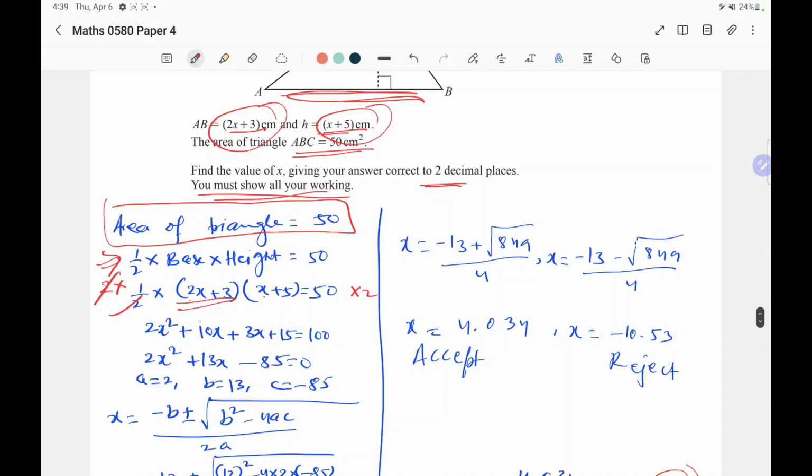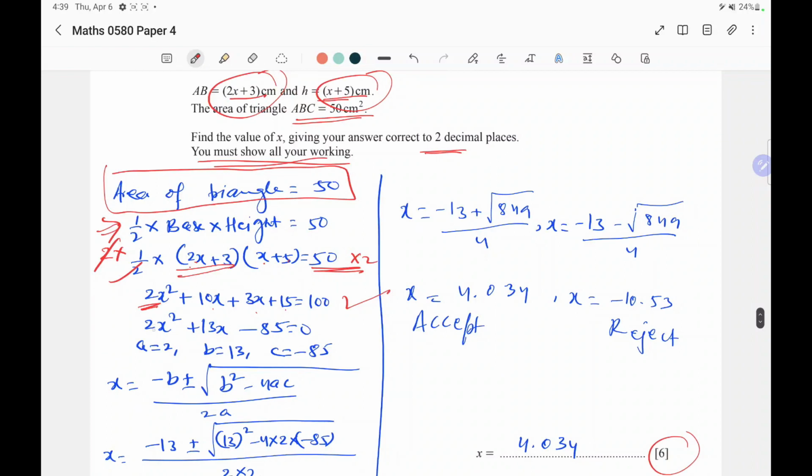Here you get 2x times x, which is 2x squared; 2x times 5, 10x; 3 times x, 3x; 3 times 5, 15; and 50 times 2, that's 100. Now this is 2x squared, then 10 plus 3, 13x, and 15 minus 100, that's minus 85. So 2x squared plus 13x minus 85 equals 0. Now A is 2, B is 13, and C is minus 85.